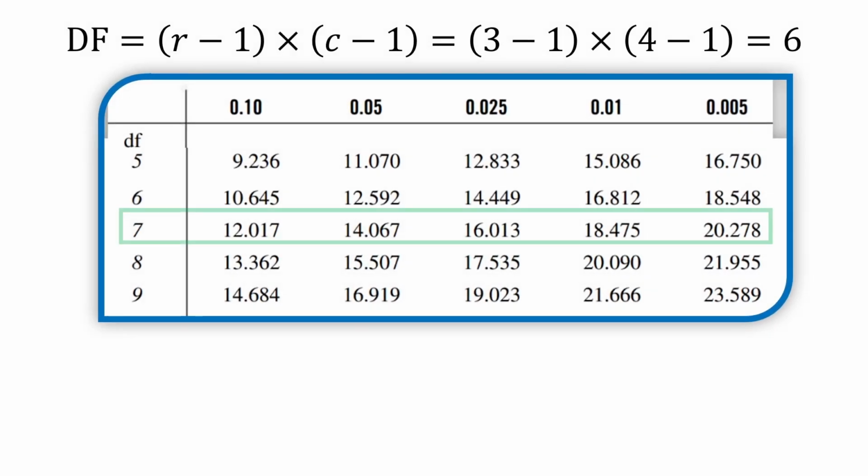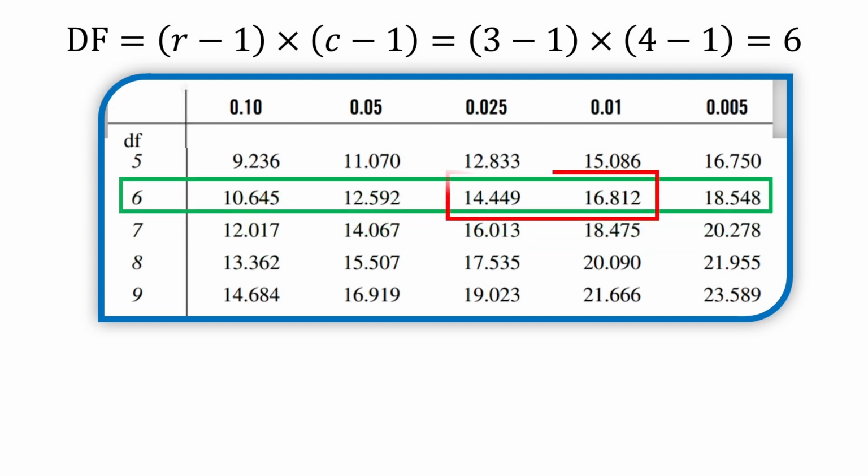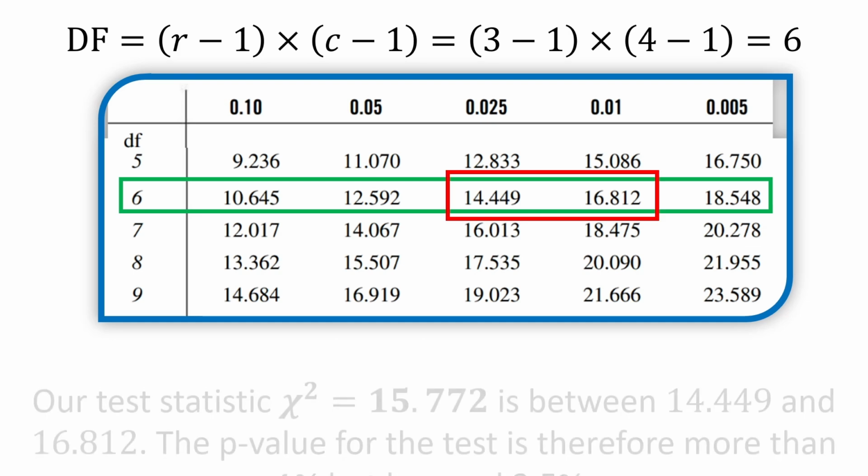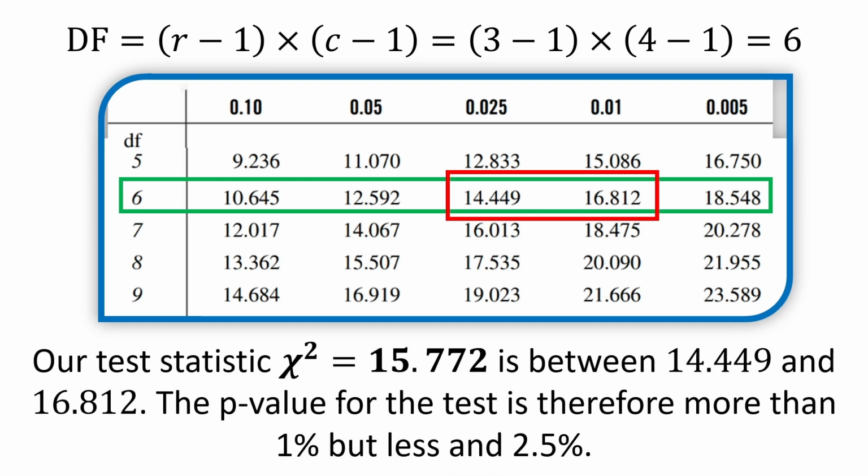So our test statistic is between these two numbers, which means our p-value is between the corresponding probabilities. Our test statistic is between 14.449 and 16.812, and so the p-value for the test is therefore more than 1%, but less than 2.5%.